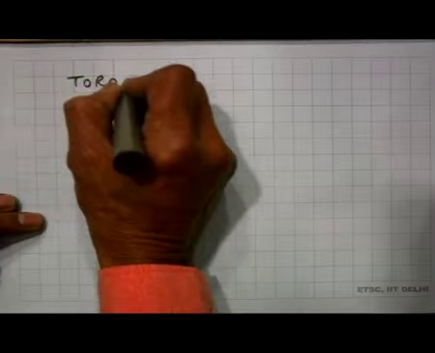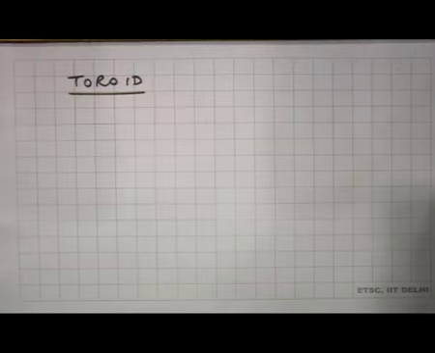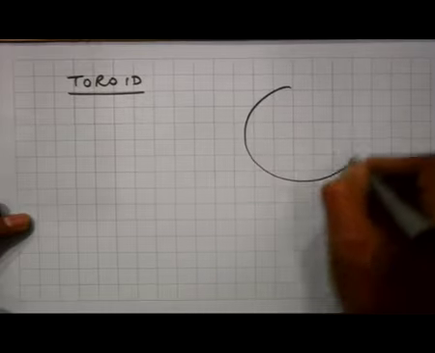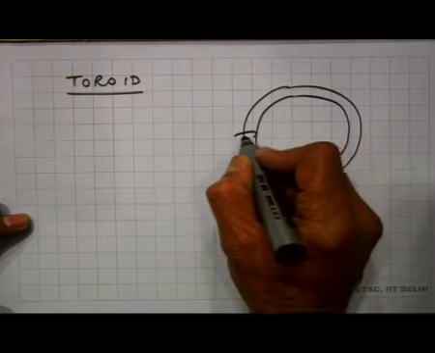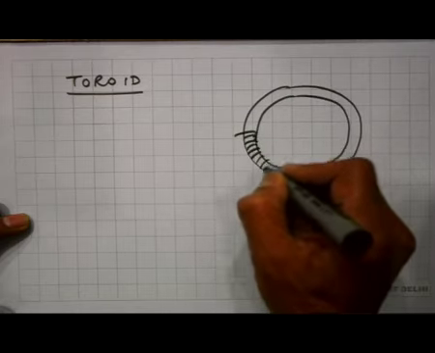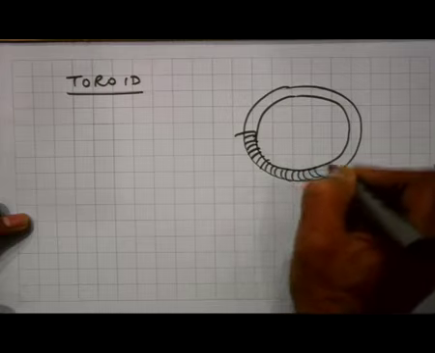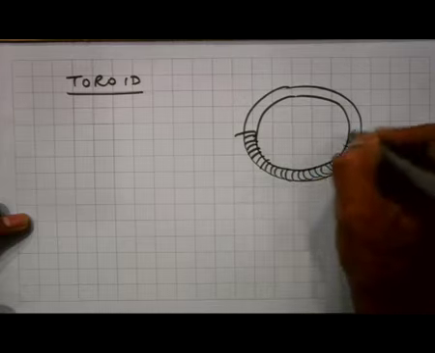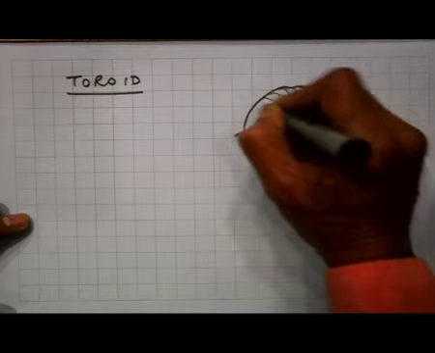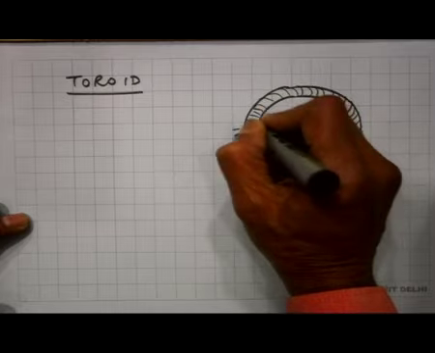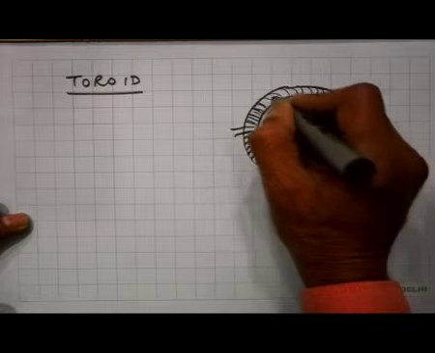Now, I want to take another example, which is called a toroid. A solenoid is a straight device, a toroid is another device in which I have a current carrying loop which is wound along a cylindrical structure closing on itself, with closely wound turns.